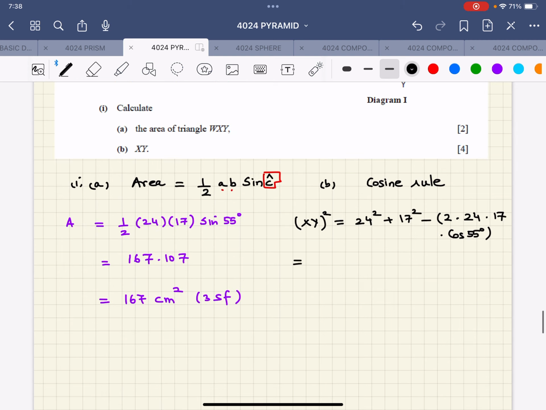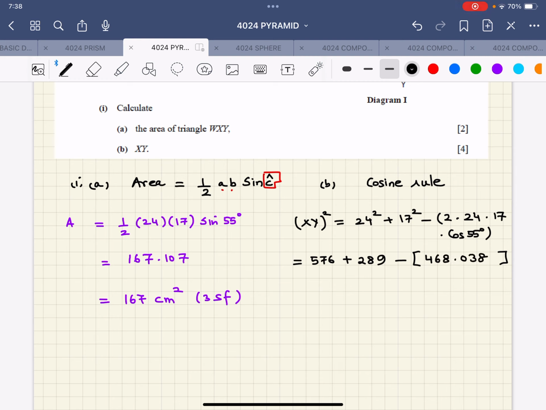Now first of all, 24 squared, I think it's 576, and 17 squared is how much? 289. So let me first write this down. And then what is inside the bracket? So again, let me use cosine of 55 degrees, and I'm multiplying it with 17 into 2 into 24. This is coming out to be 468.038.